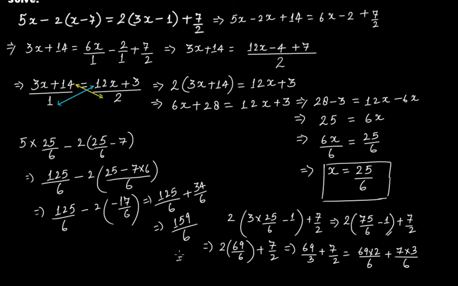Now I'm solving here. You get 2, 9, 18 and 138 by 6 plus 21 by 6. If you solve it, you get 159 by 6. So our answer is correct, right? It's always good to cross-check your answer. It's a good habit.